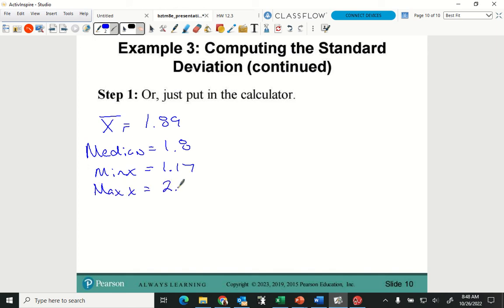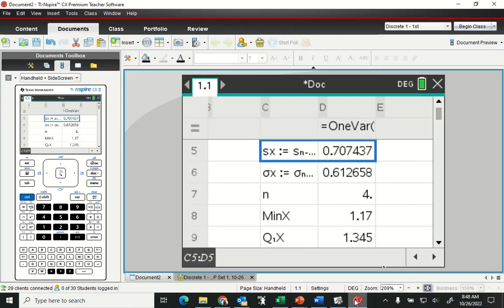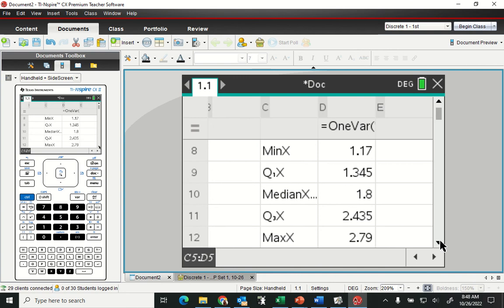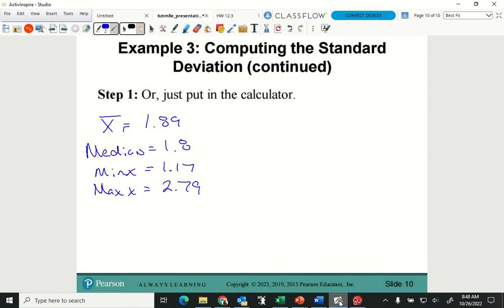Was it 79? Someone help me out. 79. $2.79. We're going to deal with Q3 and Q1 later on, just not today. And my SX is my standard deviation, which is going to be 0.71.